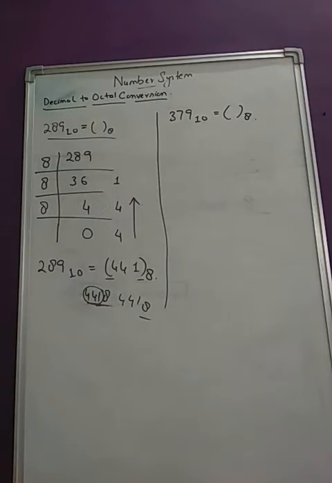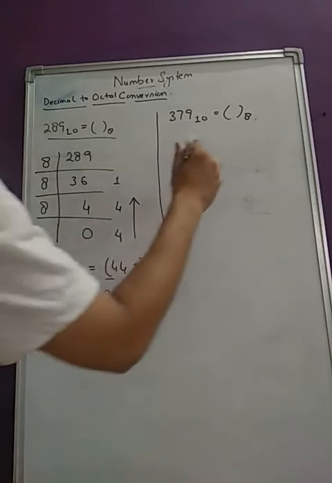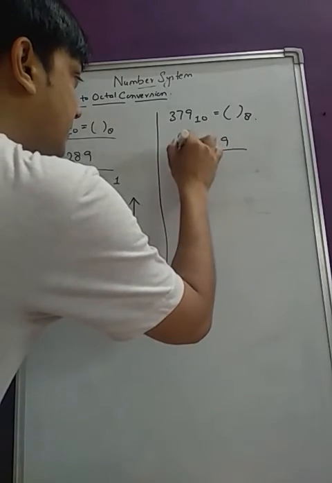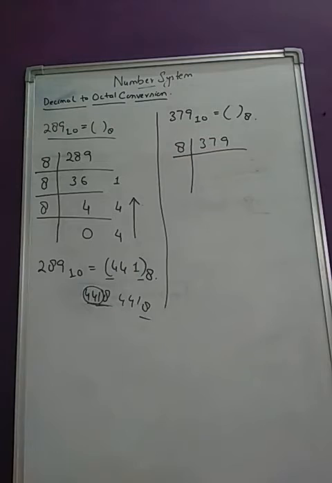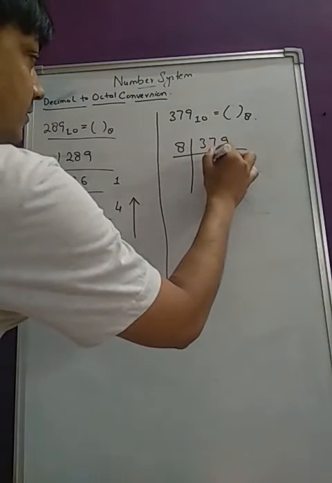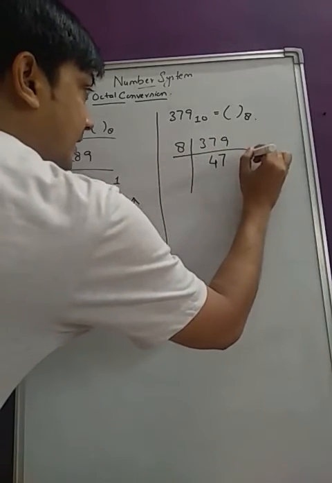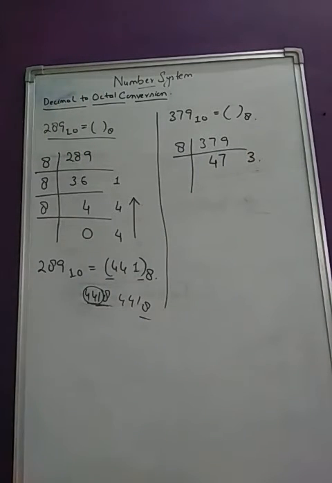So this question we have already solved. Let's move towards this question, 379 base 10. Again you have to do the same thing. 379 is to be divided by 8. 8 4s are 32, and 59. 8 7s are 56, and 3 will be the remainder over here.